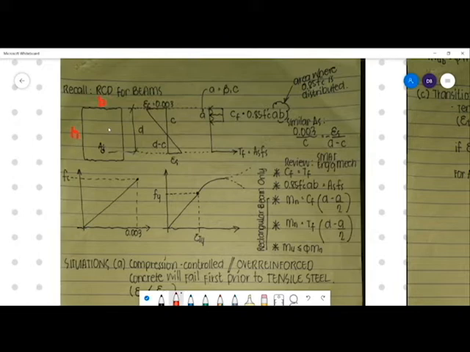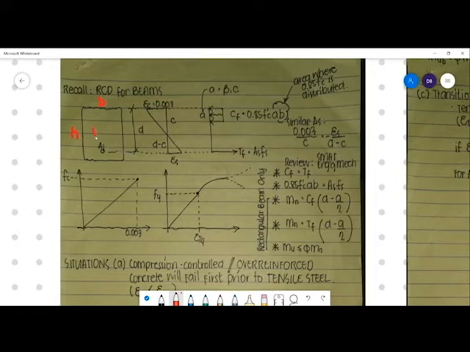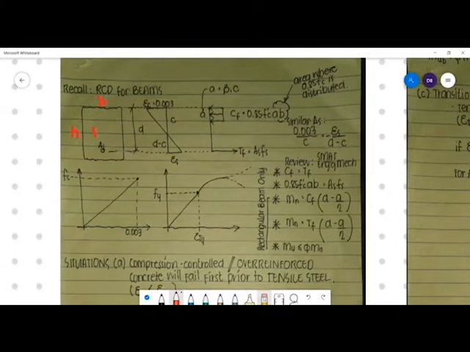So what separates the tension and the compression fiber? It is what we call the neutral axis. Okay, so let's say this is your neutral axis.